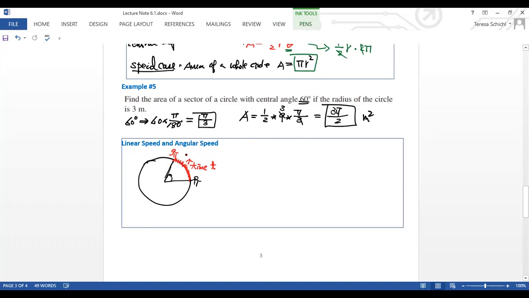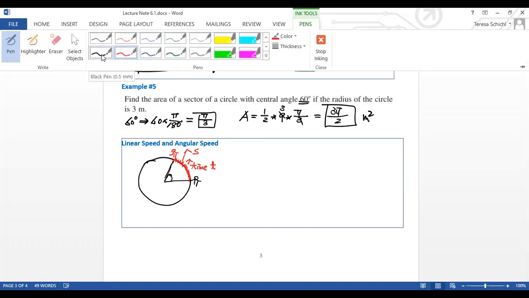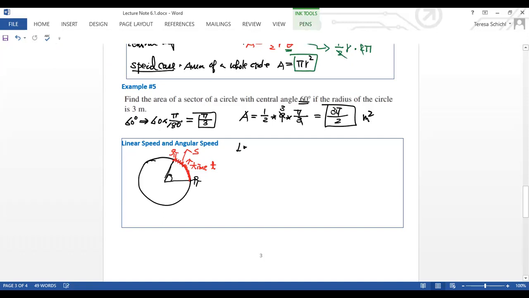Then the red one here is the length of this arc, the total distance between these two points, and it takes time to run it. So what do we call this? We call this linear speed. You say, hey, this is the arc, so why do I call this linear speed?